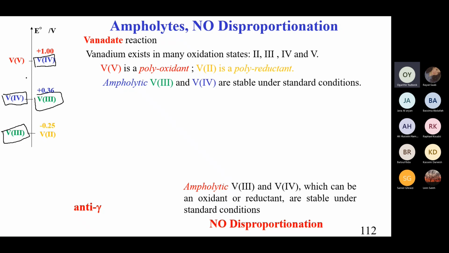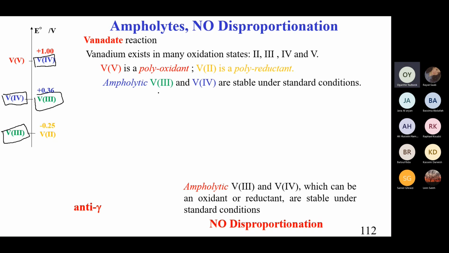What do we mean by that? Polyoxidant: vanadium 5 can react with vanadium 3, and he can react with vanadium 2. He has that choice. As well, as a reductant, vanadium 2 can react with vanadium 4, or with vanadium 5. So they can react with multiple vanadiums.